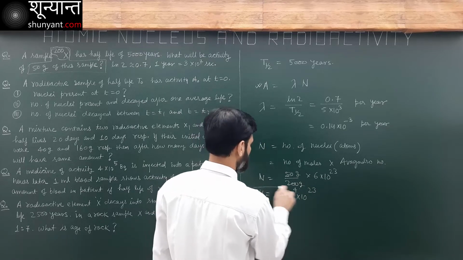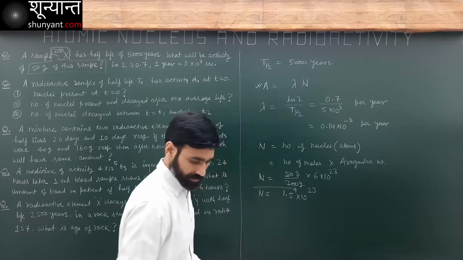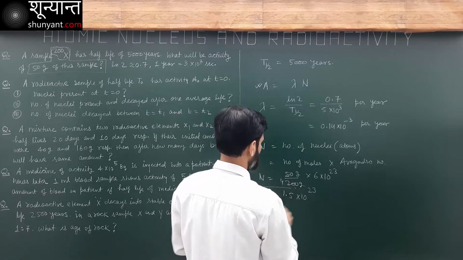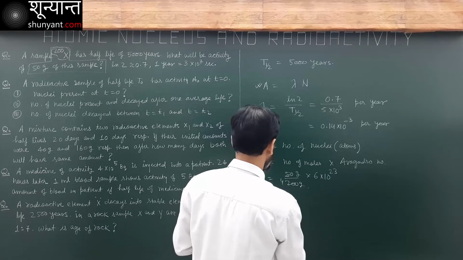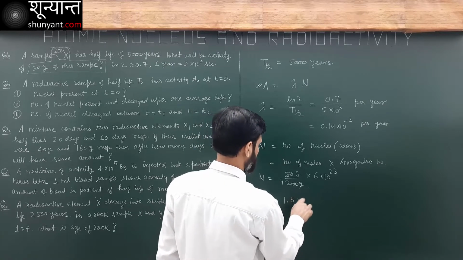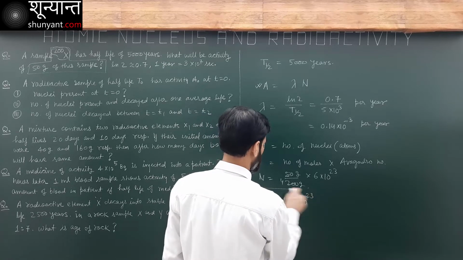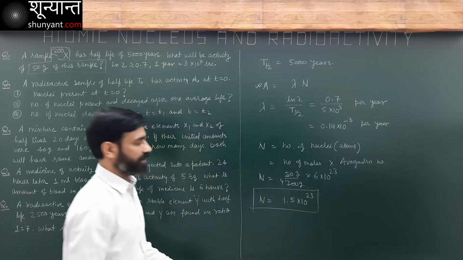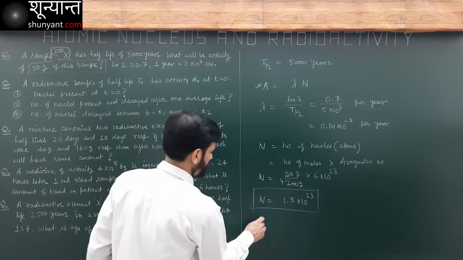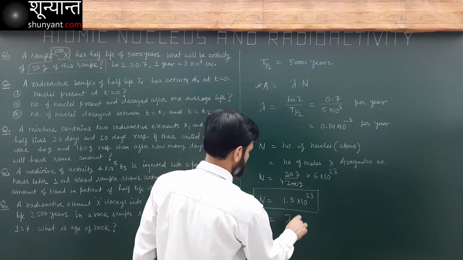What is this? This is the number of atoms, the number of nuclei. Now, what will be the activity? A will be lambda times N.